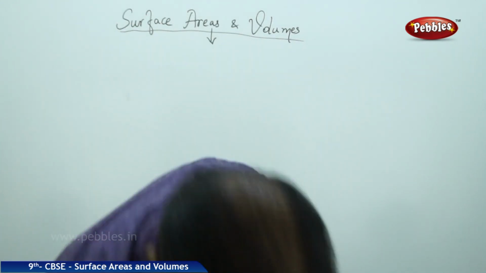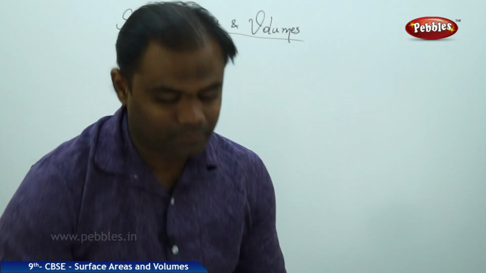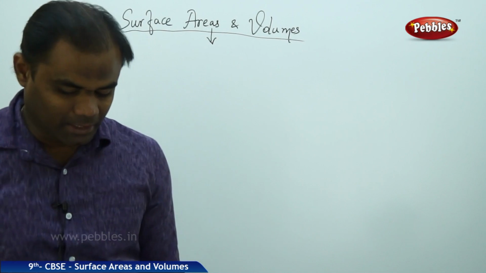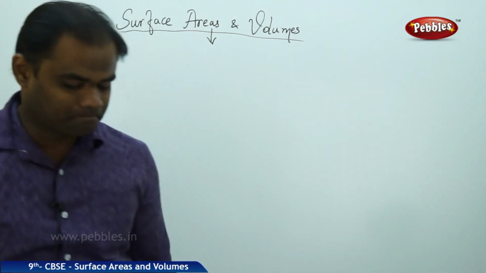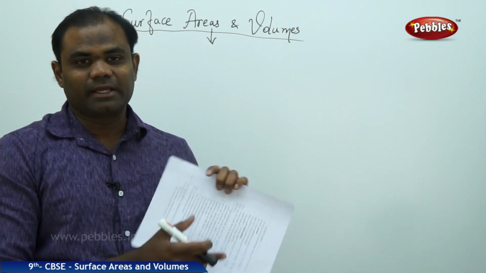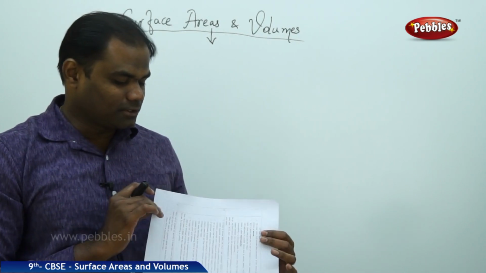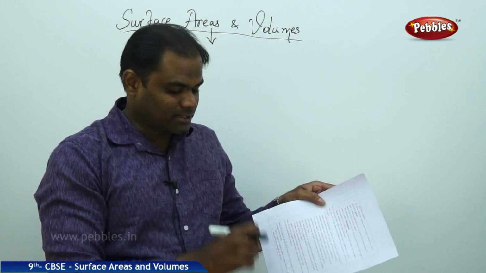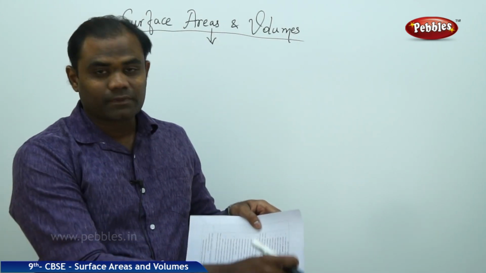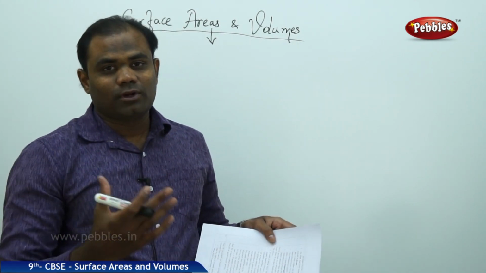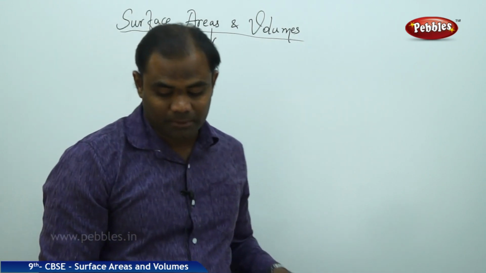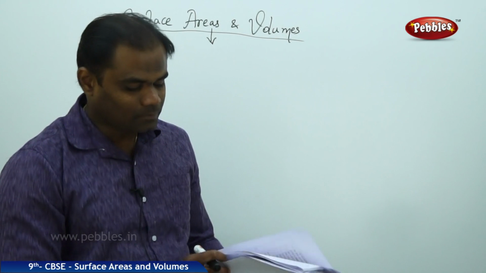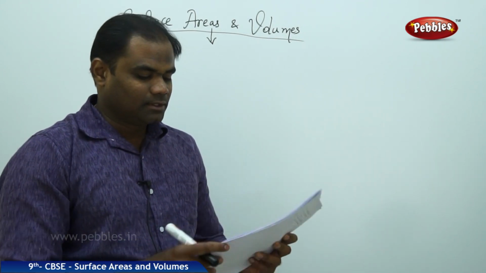For example, if I have different sheets of paper, say I have this paper which is rectangular, we know that this sheet of paper is understood as a rectangle with length and breadth. But what if I start adding more papers, like I had a set of papers joined together?